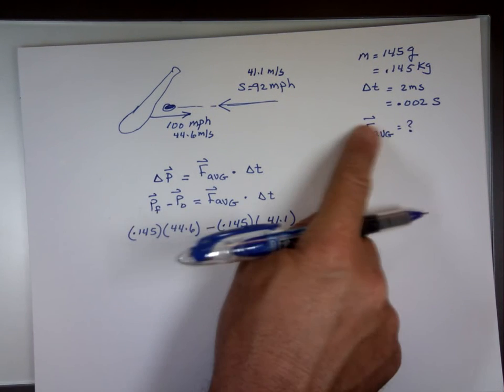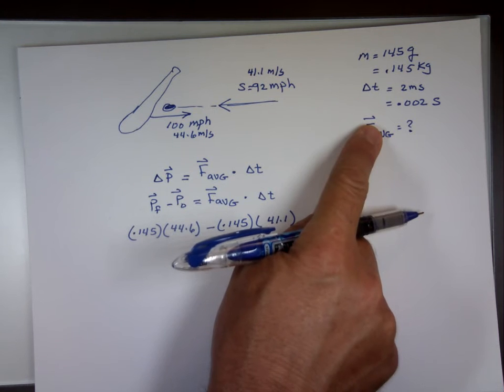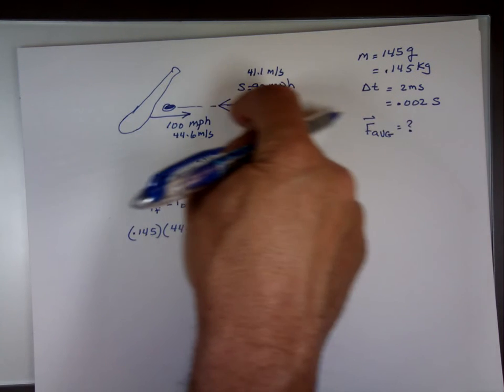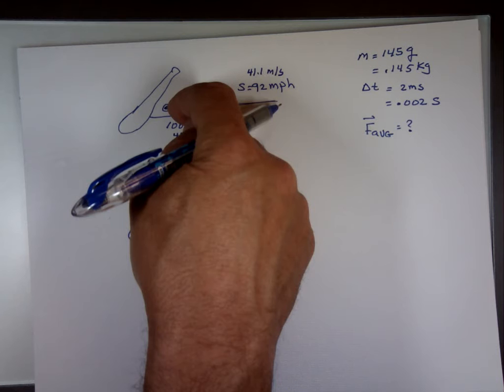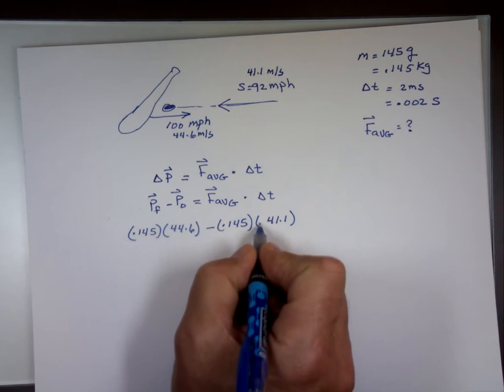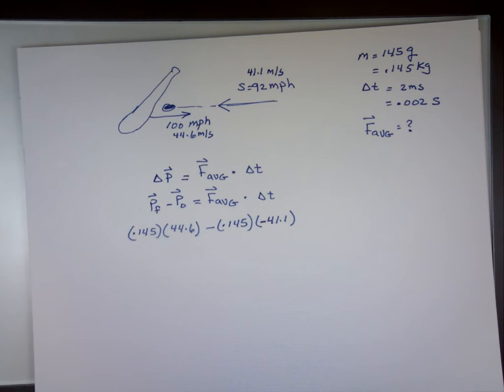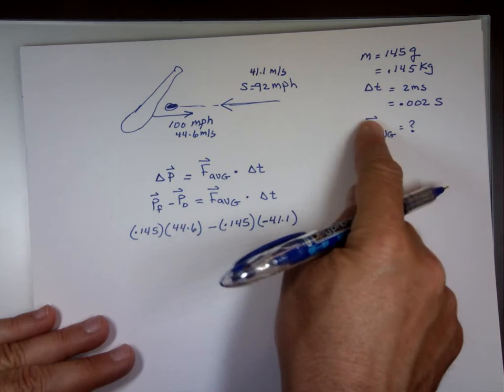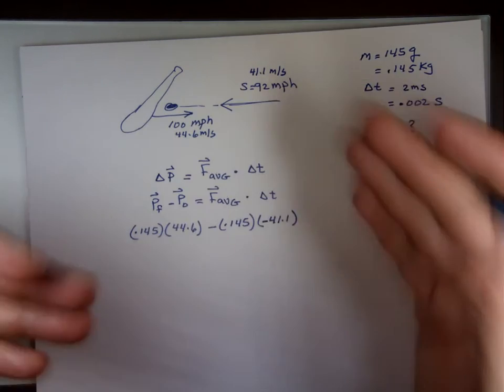Which way is it coming in? Left. That's a negative. Momentum is a vector. The direction of momentum is going to be the same direction as the velocity. Here you're going to the right, your momentum to the right. This is coming to the left, your momentum to the left. So one is positive, one is negative.